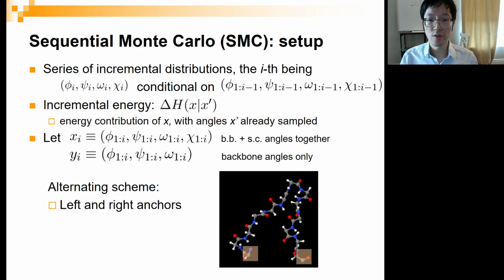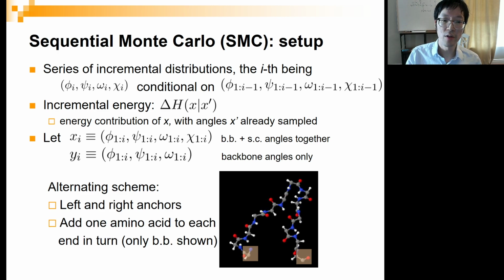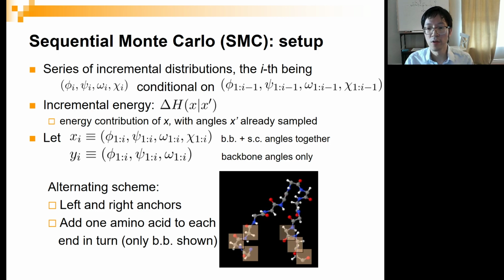What sequential Monte Carlo does is add one amino acid to each end at a time to build possible conformations. So we'll add, say, one to the left, then one to the right, one to the left, one to the right, and so on. That's how we can build the backbone for this segment.